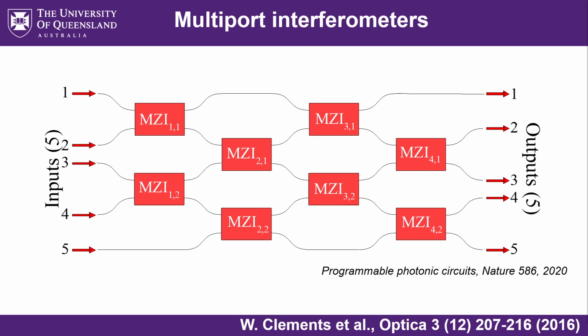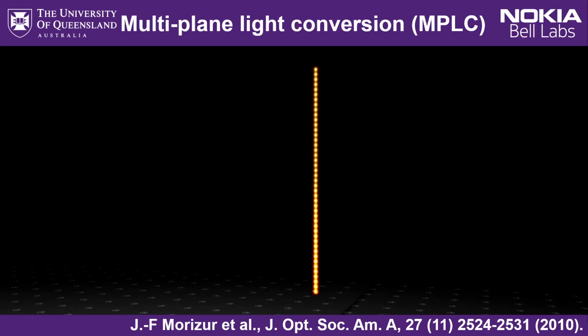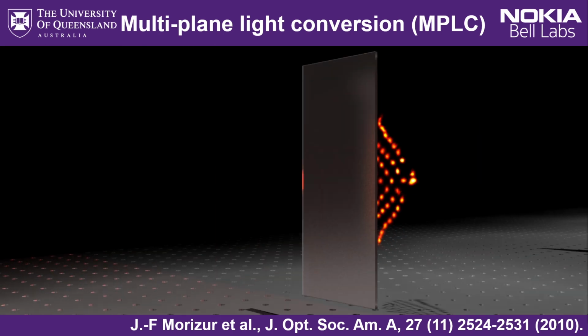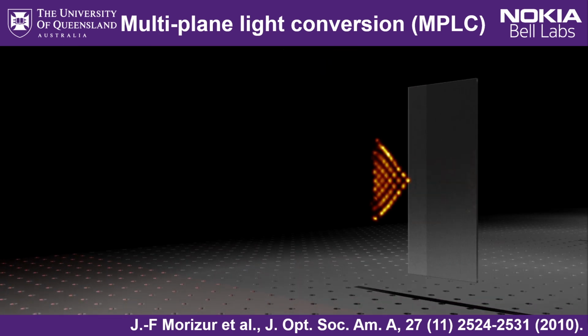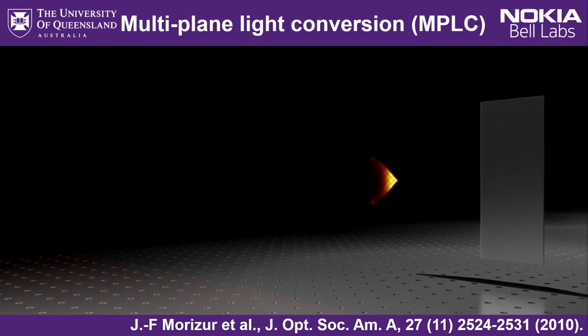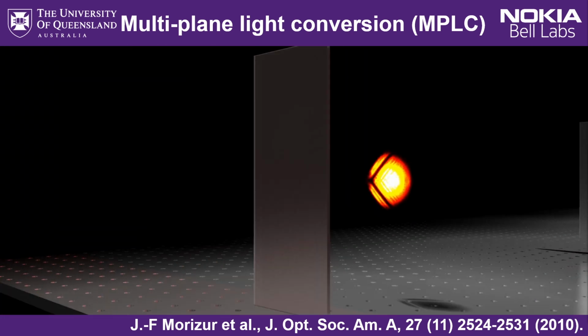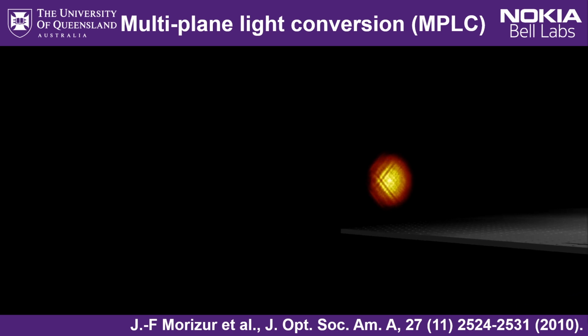In such an implementation, light is distributed from one plane to the next using waveguides. In MPLC, we have phase shifts implemented on discrete phase masks, and the light is distributed to the next plane through diffraction. And MPLC has the advantage that it can manipulate the beams in 2 dimensions rather than just one. It's a volumetric device rather than a flat device.